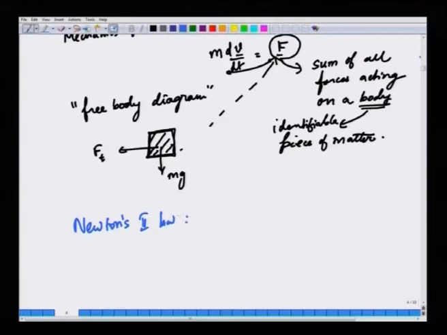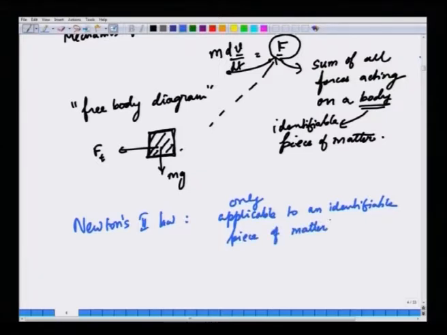which is the fundamental law for motion of material that we have in classical physics. It is only applicable to an identifiable piece of matter, a specific body of matter.